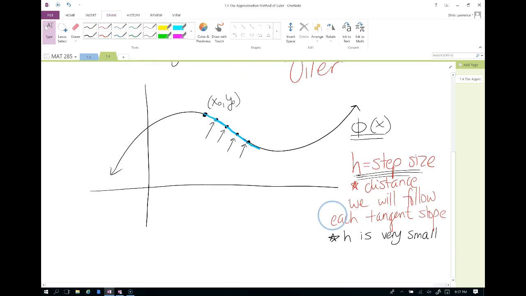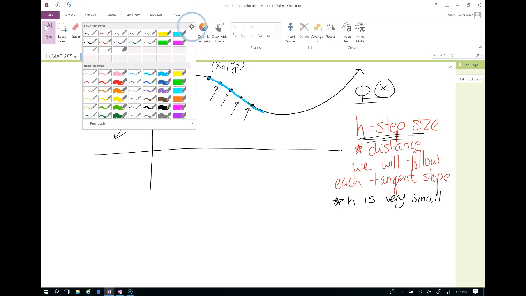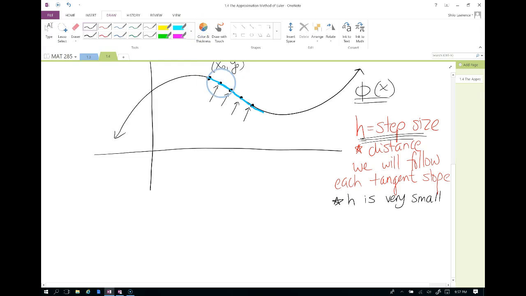So algebraically, what this looks like is we usually make a nice table to keep everything organized. Every single time we move, we're going to have a new x value and a new y value. So our step size is how much we're going to move in the x direction every single time.